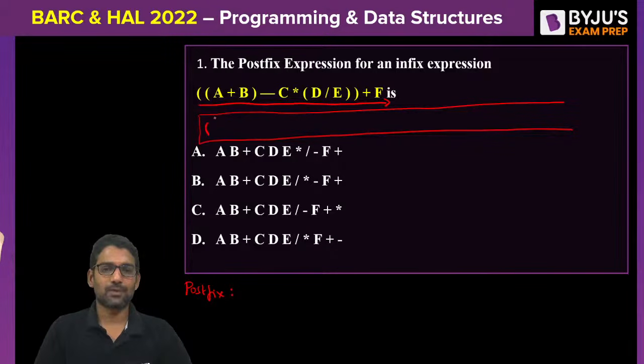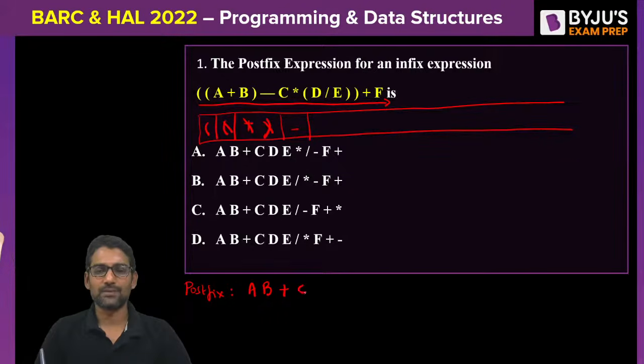First, two left parentheses are scanned, then A, then plus, then B, then right parenthesis. Whenever we get right parenthesis, neglect the parenthesis and pop till the first left parenthesis. Done. Then minus, then C. So C means we will keep it in the postfix expression.